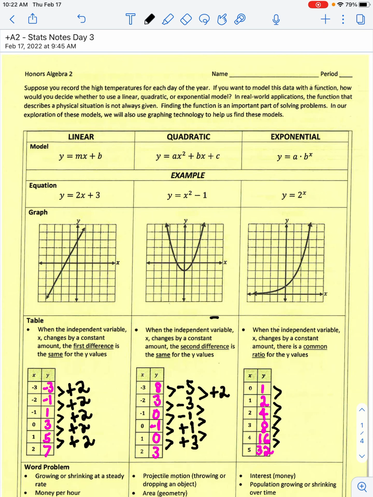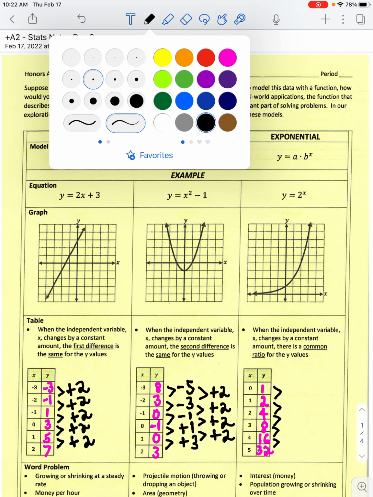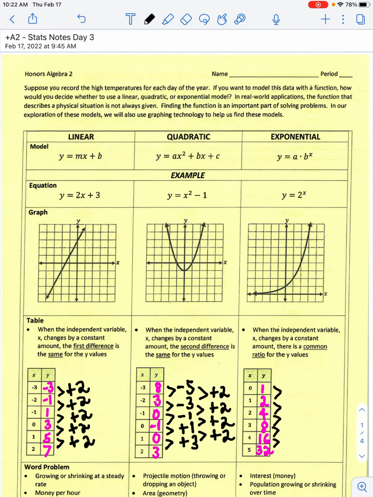Negative 3 to negative 1, well, negative 1 minus a negative 3 is also an increase of positive 2. 1 minus a negative 1 is an increase of positive 2. 3 minus 1 is an increase of positive 2. So it's the second difference in a quadratic model that will be the same.